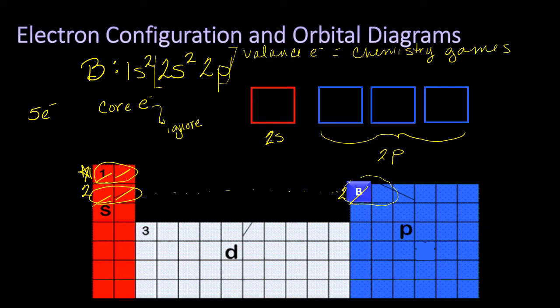The core electrons don't play chemistry games. Soon, I'm going to make your life so much easier because we're going to ignore core electrons almost entirely. But when you draw the orbital diagrams, the only ones you care about are the valence electrons.